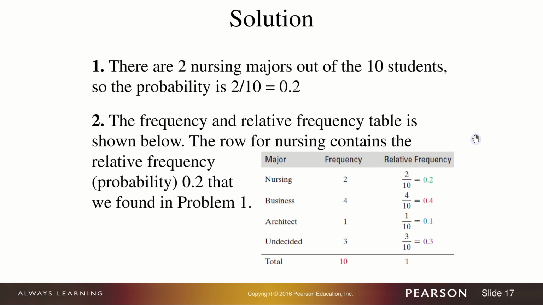Or you can specify it as a probability in this way. You say, if you were to randomly select a student out of these 10 students, what's the probability that that student will be a nursing major? You see how the 2 phrasings are different, but the outcome is the same. So remember, a probability is a form of a relative frequency.